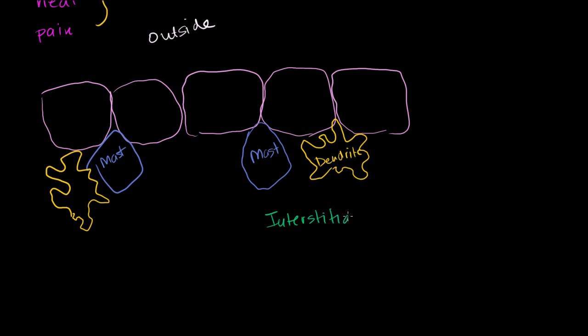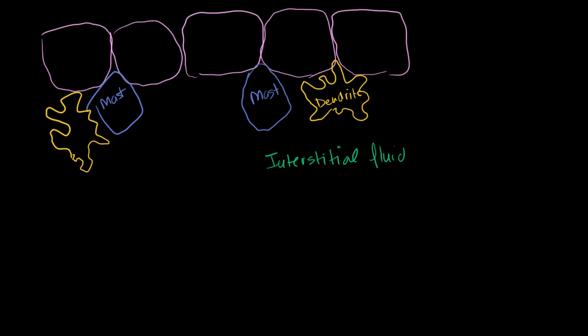That's just a fancy word for the fluid that surrounds or bathes cells. The cells aren't all directly connected to the circulatory system. The oxygen goes from the circulatory system to the interstitial fluid and eventually finds its way into cells. Not everything is directly connected to capillaries, but capillaries, our circulatory system, play a big role.